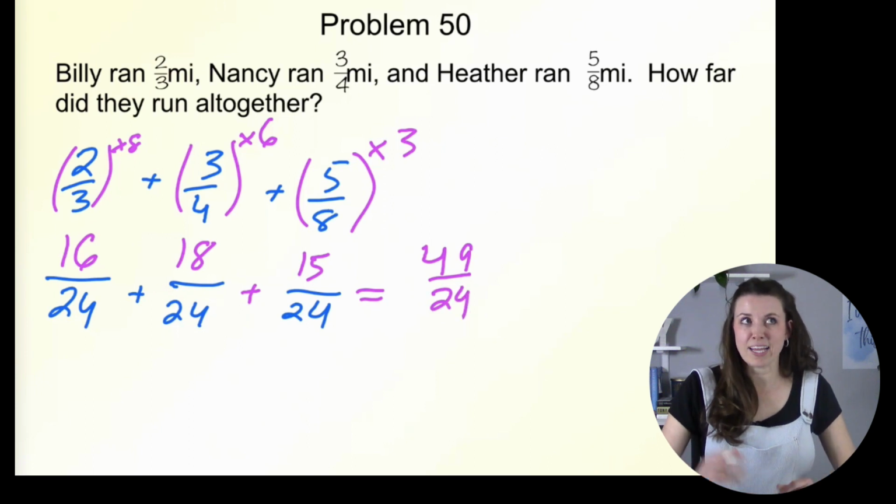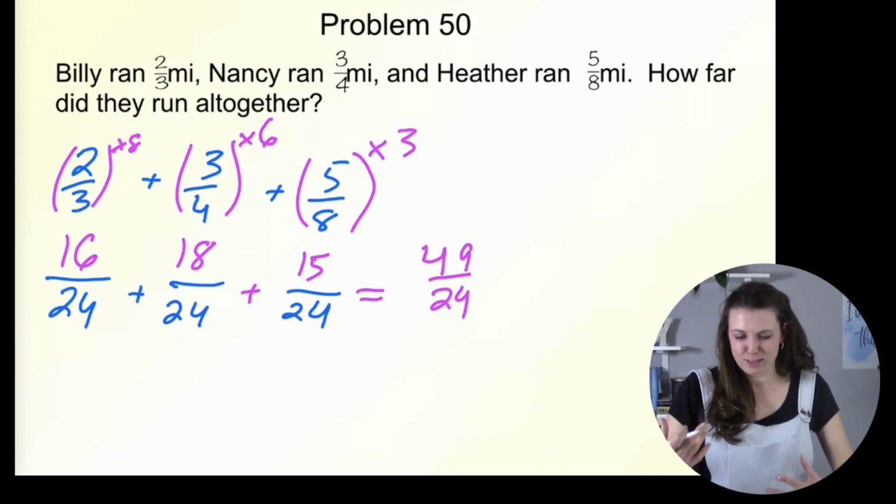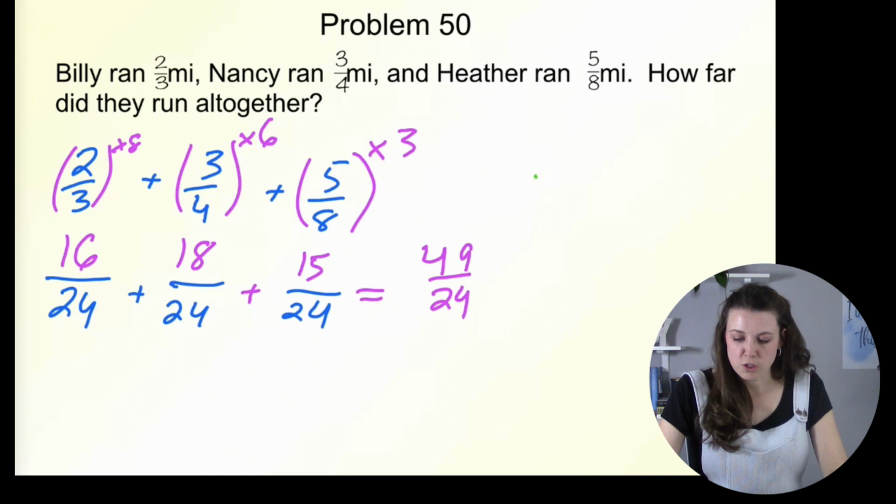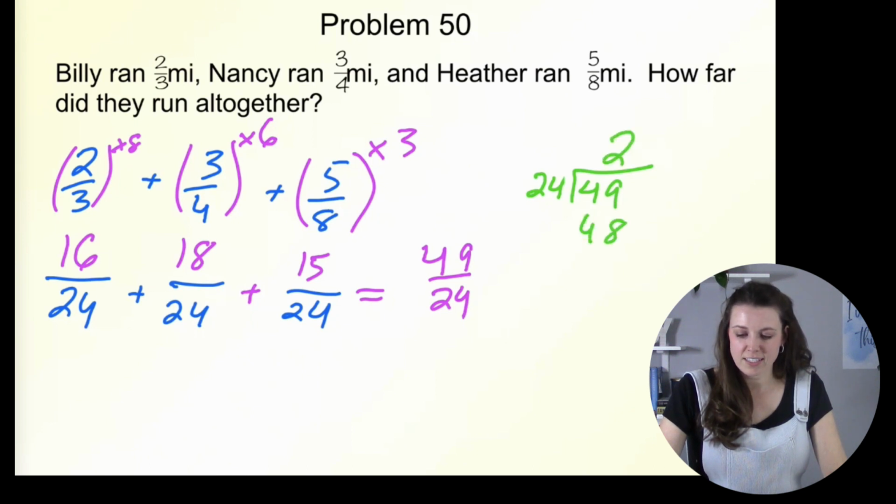Okay, but I want to know what that actually means in miles. Okay, so I need to simplify this. And the best way to simplify is I'm going to go 24 goes into 49. So 24 goes into 49 2 times, which is 48.